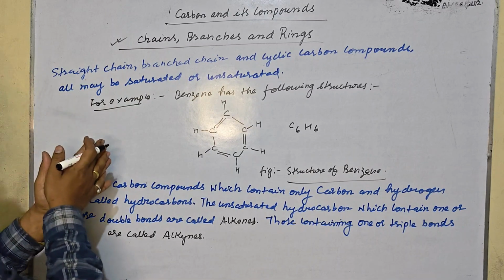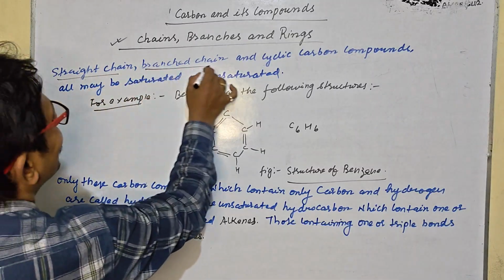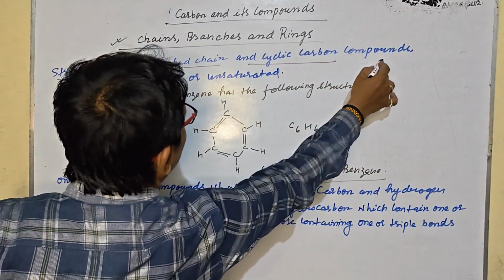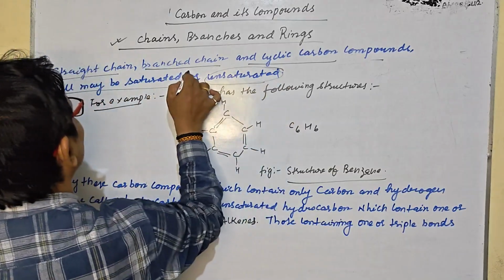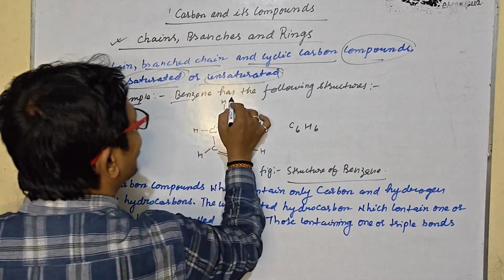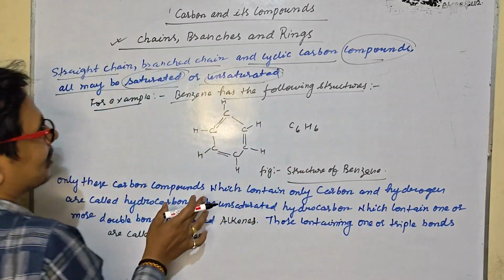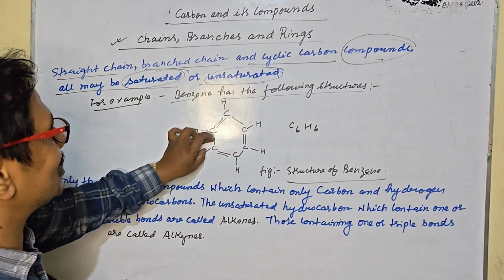So the last part of the chain, branches and rings is that straight chain, branch chain and cyclic carbon compounds may be saturated or unsaturated. Benzene has the following structure. Like in benzene, there is a double bond and there is a single bond.